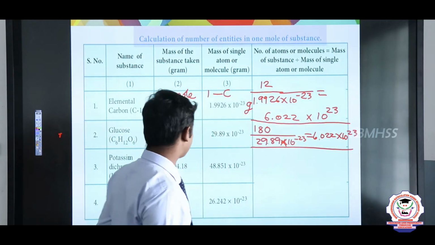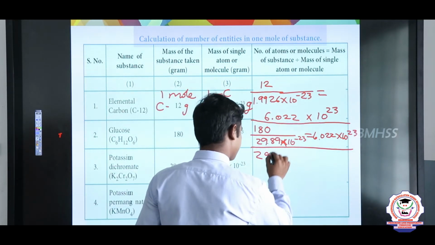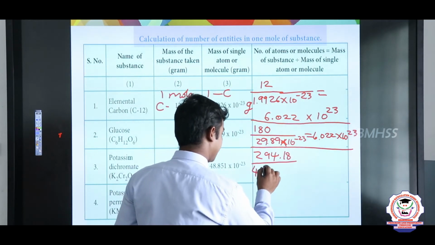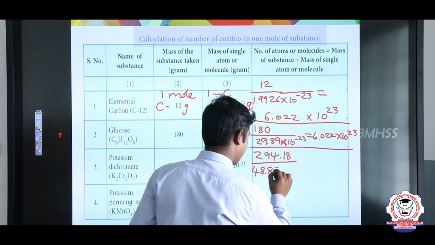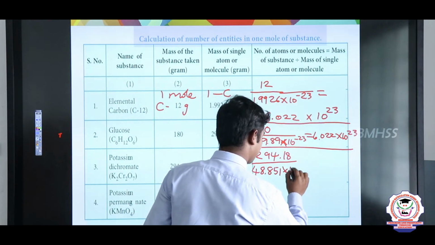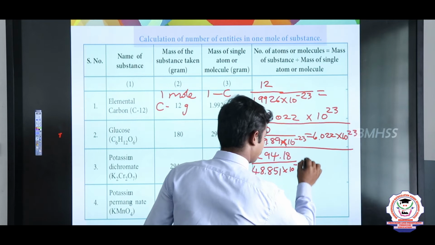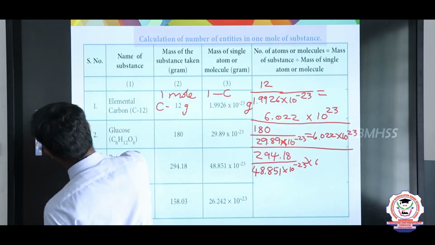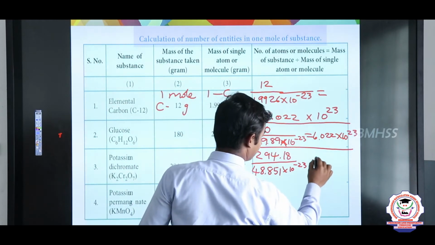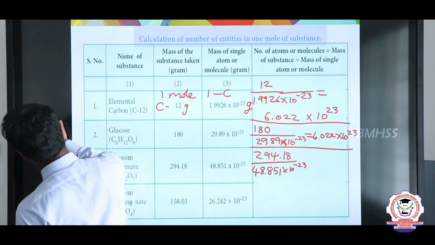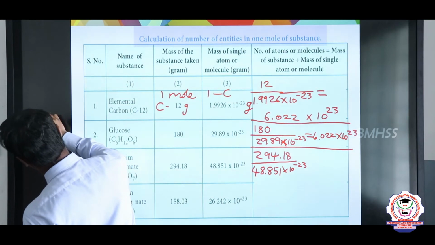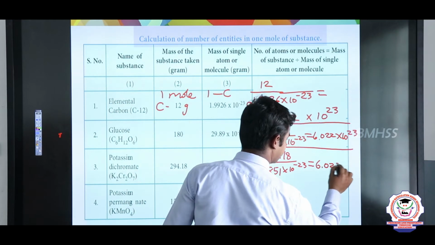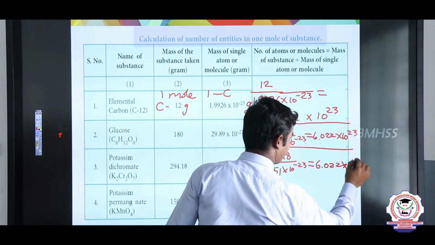The same answer is also obtained for this sum, 294.18 divided by 48.851 into 10 to the power of minus 23, we get the same answer, 6.022 into 10 to the power of plus 23.